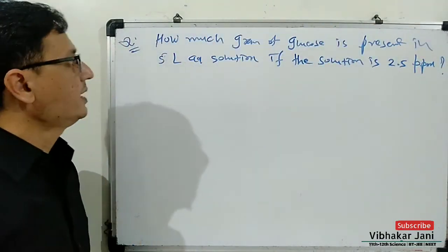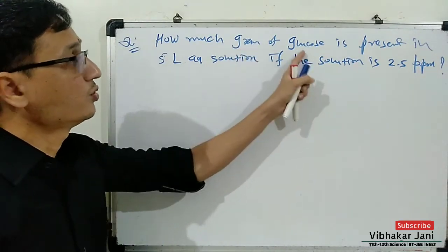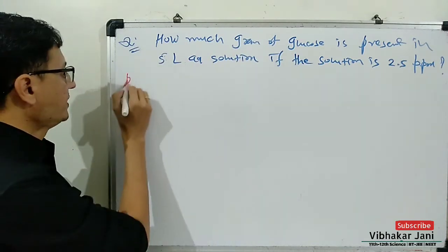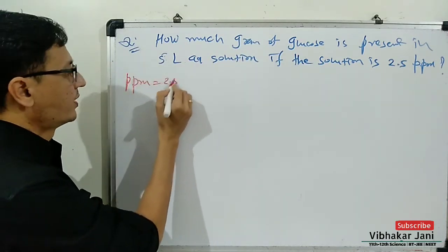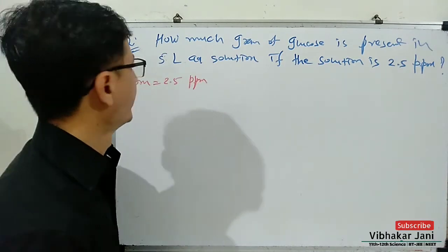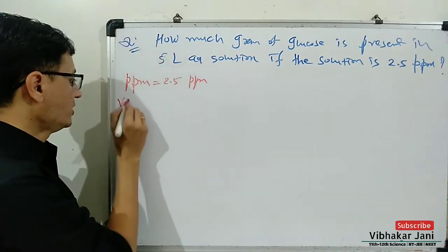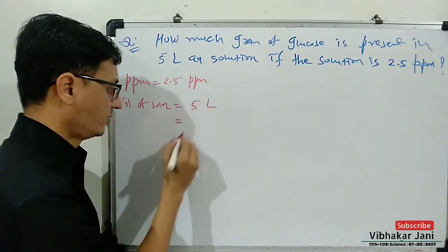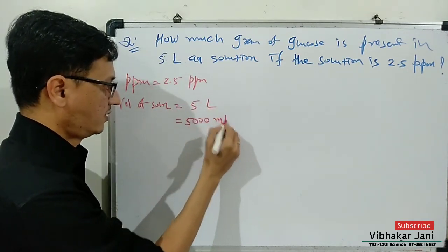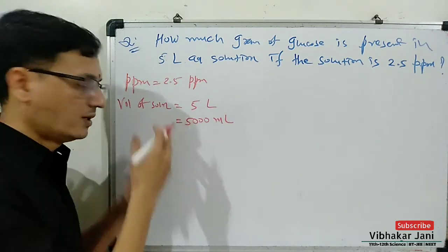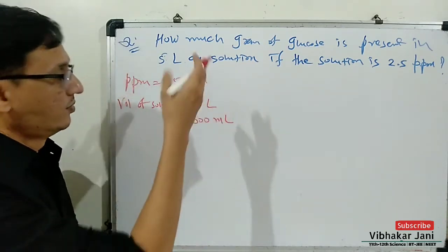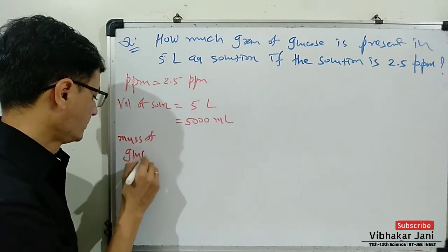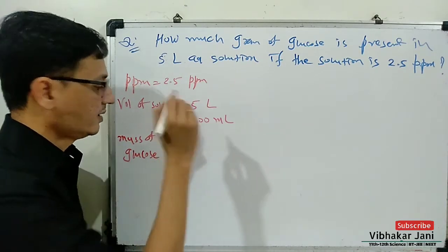Here ppm is given and we are asked to find the mass of glucose, that is mass of solute. So first of all, ppm is given, 2.5 ppm. Then volume of solution is also given, that is 5 liter, so it will be 5000 milliliter. We have to convert it into milliliter, and we are asked to find the mass of glucose in grams.